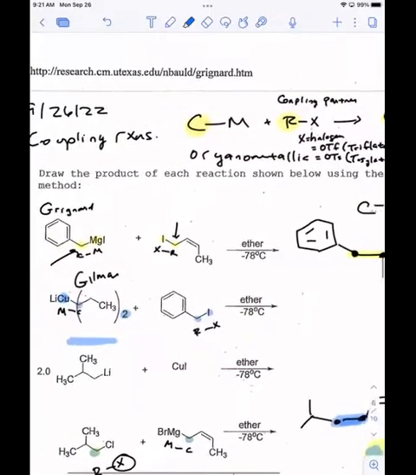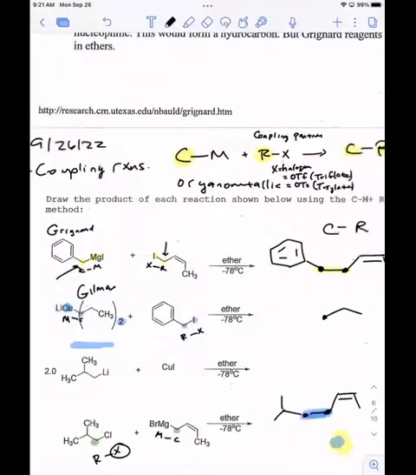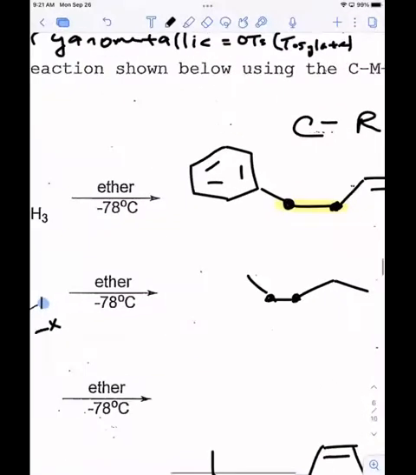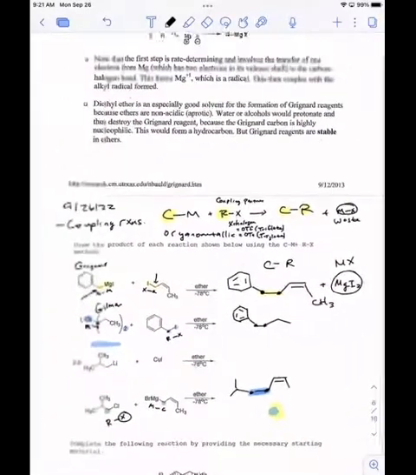So that's a 3-carbon chain that's attached. I'm going to draw that first, and I'll put a dot on that N carbon that I want to connect. And that's going to connect here. That's what the product is going to look like.